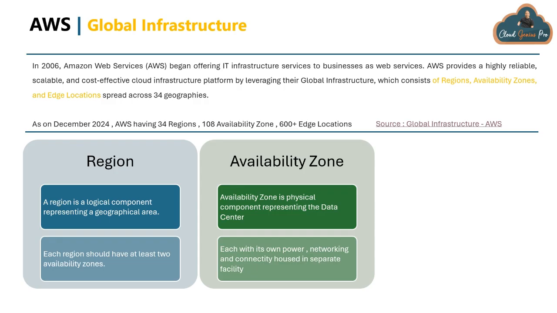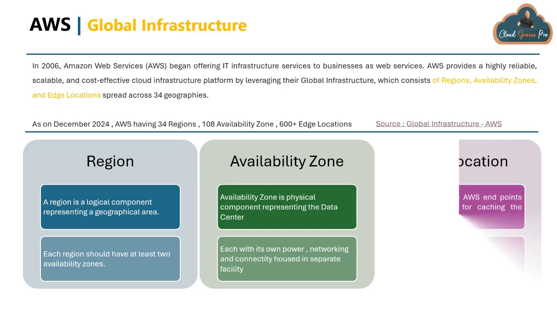So you can imagine that AWS is hosting different availability zones, and as of today, 108 availability zones across the geographies, and all these availability zones are independent from each other in terms of power, networking, or air conditioning. In this way, AWS is providing reliable services to their end customers.